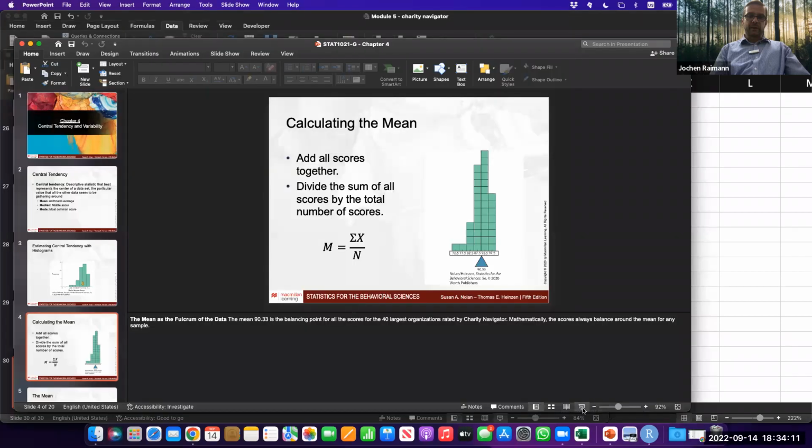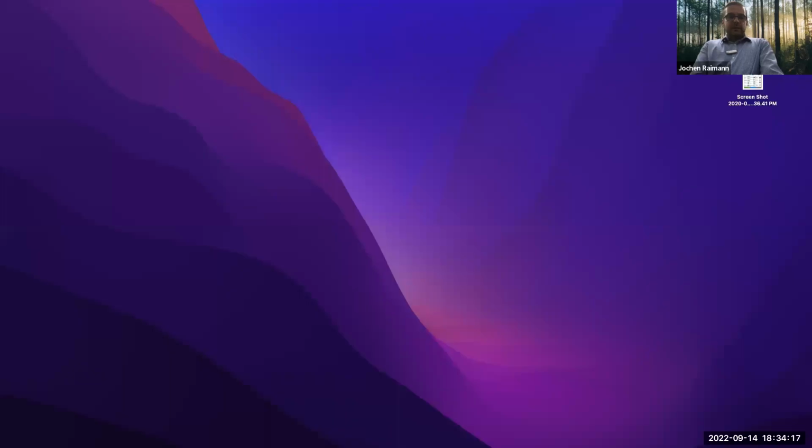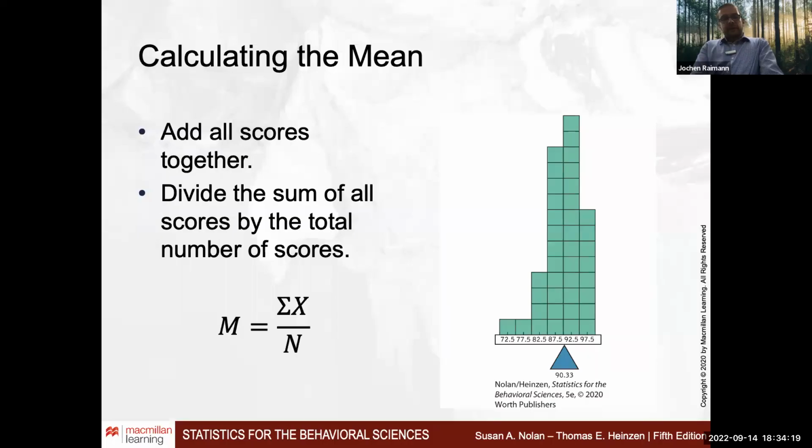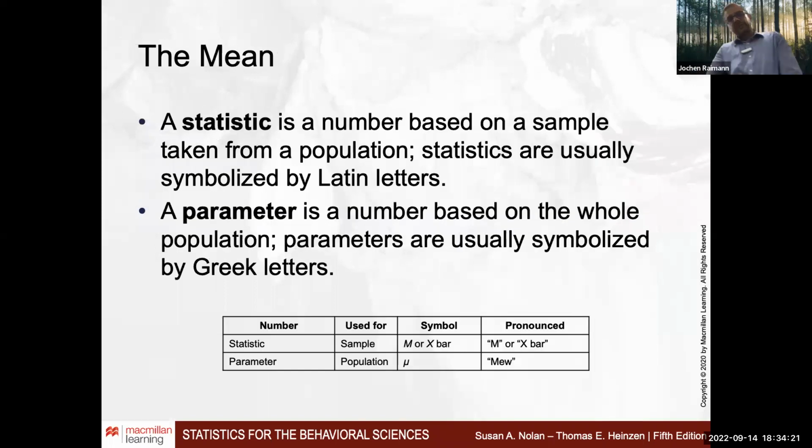So this is the first marker of central tendency. What's important is that at this point we're looking at the so-called sample. Remember, we have an overall population and a subset of that, which is a sample. There's a difference in nomenclature.